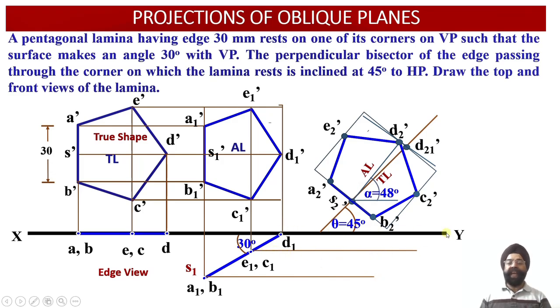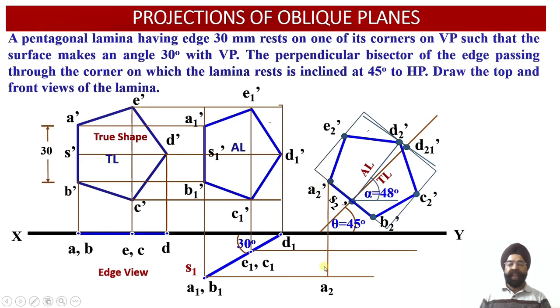Now wherever they meet with the vertical projectors drawn through a2 dash, b2 dash, c2 dash, d2 dash and e2 dash, we are going to obtain the positions of the points a2, b2, c2, d2 and e2 in the top view projections over here.